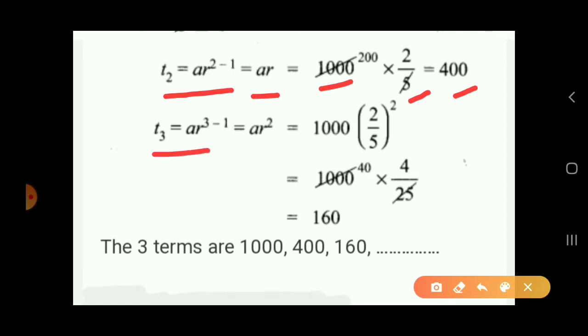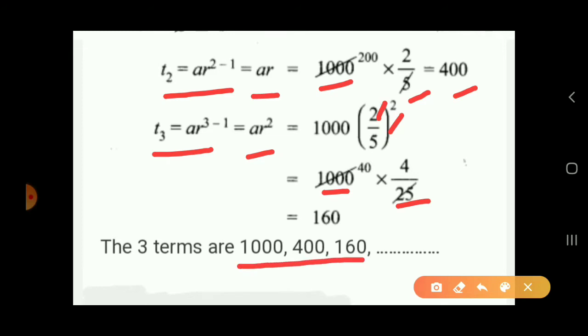Then T3: A R power 3 minus 1, A R square. A is 1000 and R is 2 by 5 square. 2 square and 5 square, so 4 by 25. The 1000 and 25 cancel, so 40. 40 into 4 is 160.